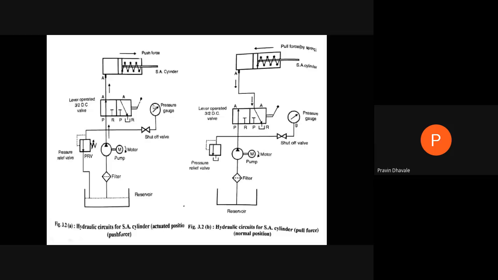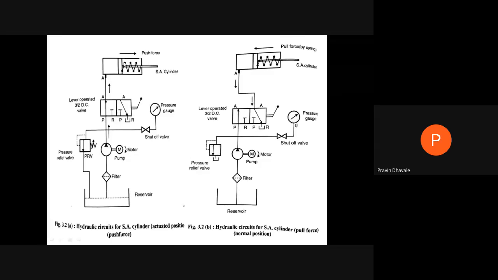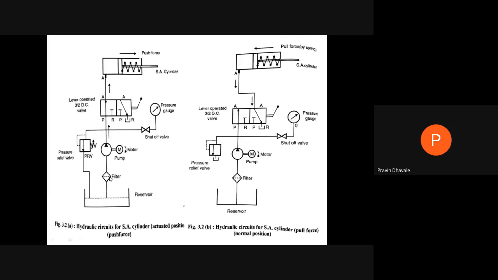This is the pressure control valve, pressure relief valve. This is the pump motor, right? Now this is the first position where we can move the piston towards the right hand side. It is called as a push force or actuating position. Then we are starting the motor pump filter, and by using this filter, purified oil will be fed to the actuator through this direction control valve.